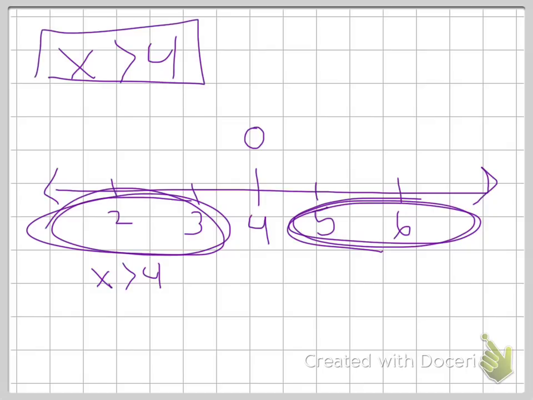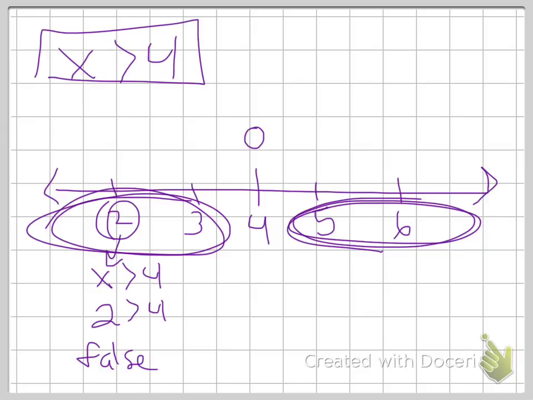I got that from up here. I can choose like 2 or 3. I'm going to choose 2. And if I plug in 2 for x, my statement now says 2 is greater than 4. Now, I hope you're upset by this because this is a false statement. And we'll see what we do with that later.